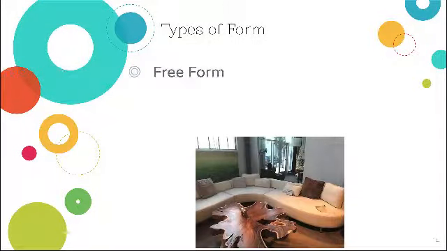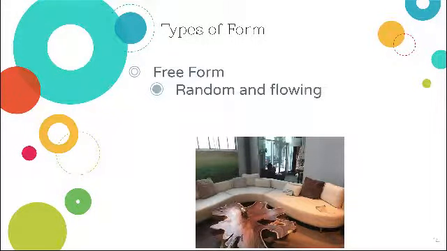And then the last type of form is free form. Free form is kind of a random flowing shape. If you look at this picture, the coffee table is not that perfectly round or square coffee table. It looks like you took a tree and took a cross section of it and used that as your coffee table.